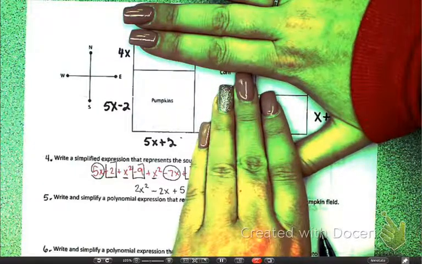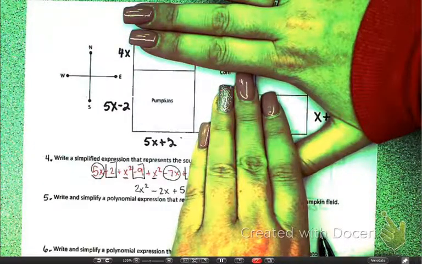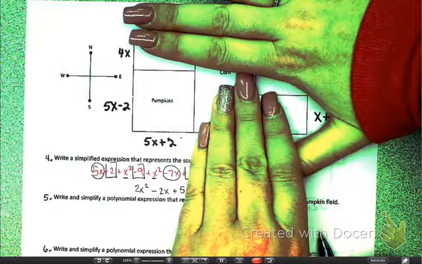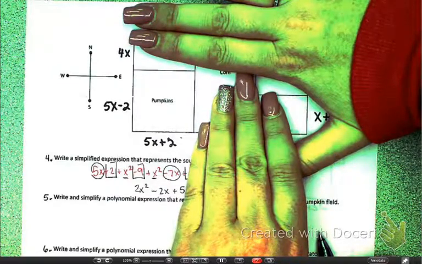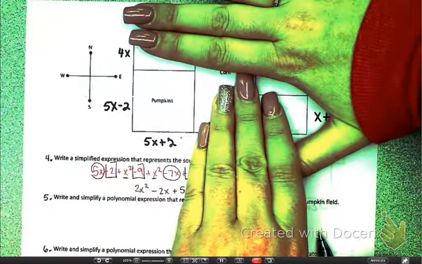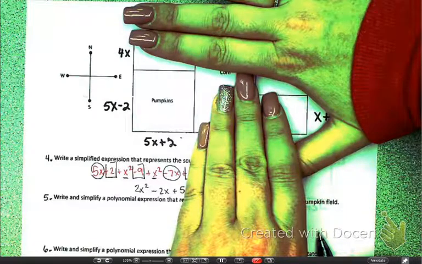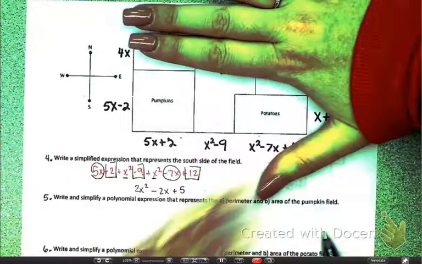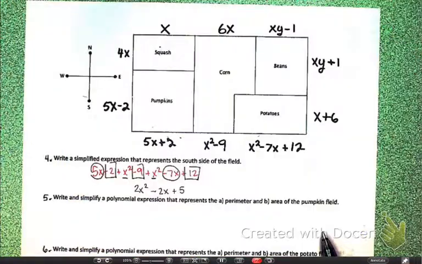I want you to take a second and write an expression that represents the perimeter of the pumpkin field. And how do you find the perimeter of something? Add all the sides, and there are 4 sides to this field. So take a second and write an expression that represents the perimeter of the pumpkins.